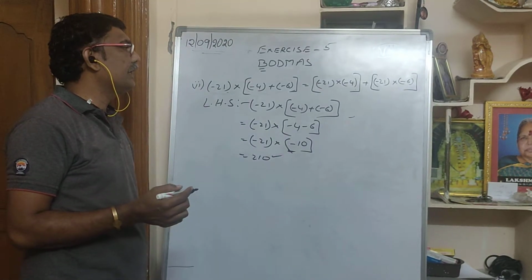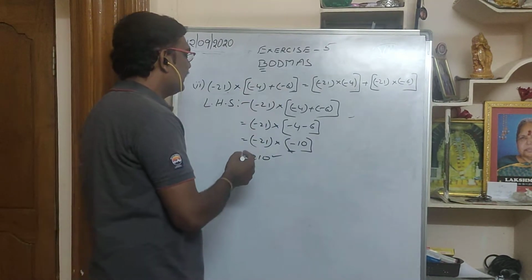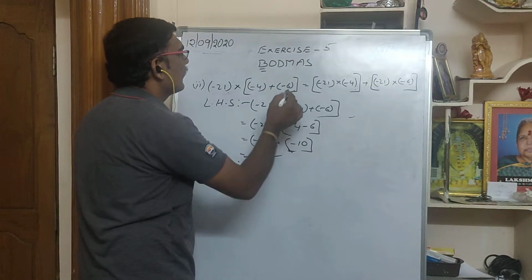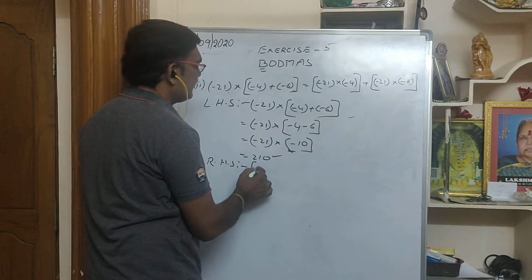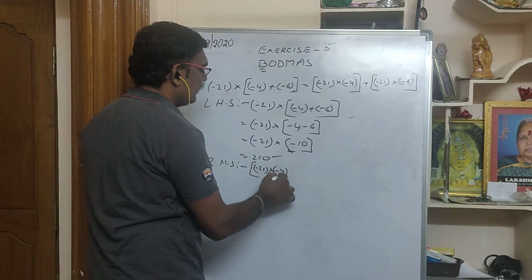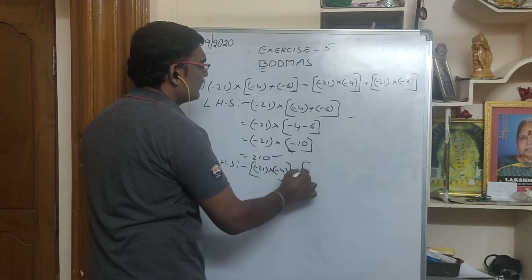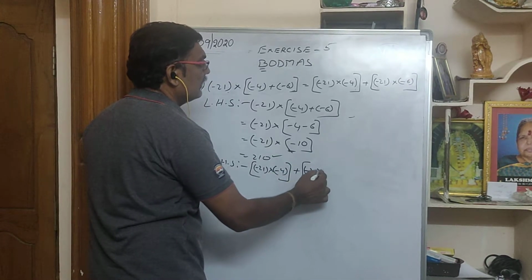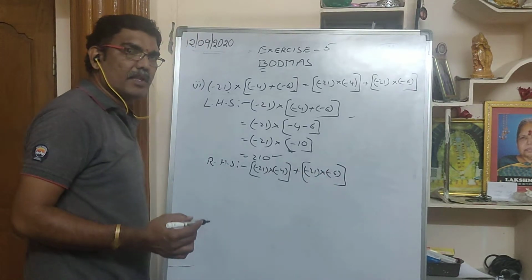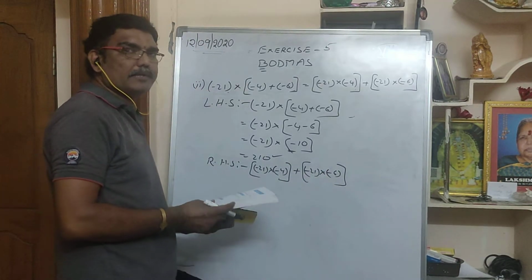What you have to do again? You should take the RHS. So what is RHS? That is within brackets minus 21 into minus 4 plus again minus 21 into minus 6. This is RHS. Again the same BODMAS rule you have to apply.